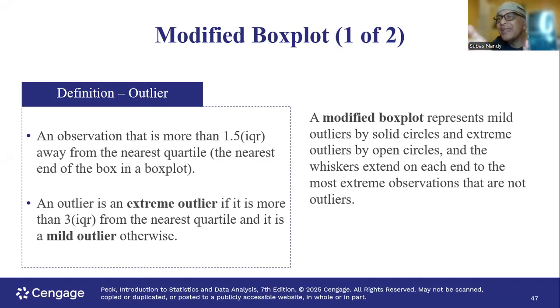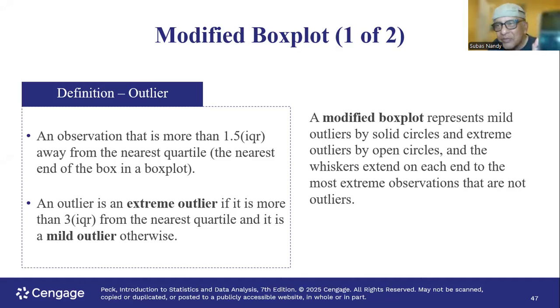Similarly, points located on the left beyond Q1 minus 1.5 IQR are outliers. Any point below Q1 minus 1.5 IQR and any point above Q3 plus 1.5 IQR is an outlier. So these are mild outliers.